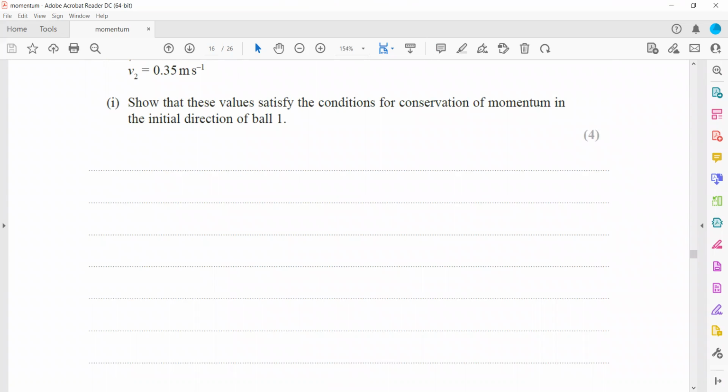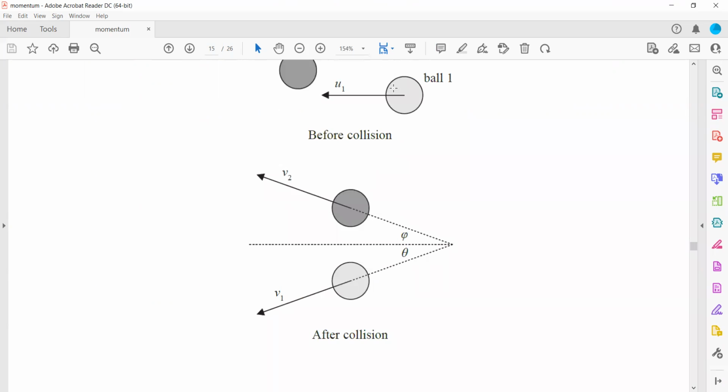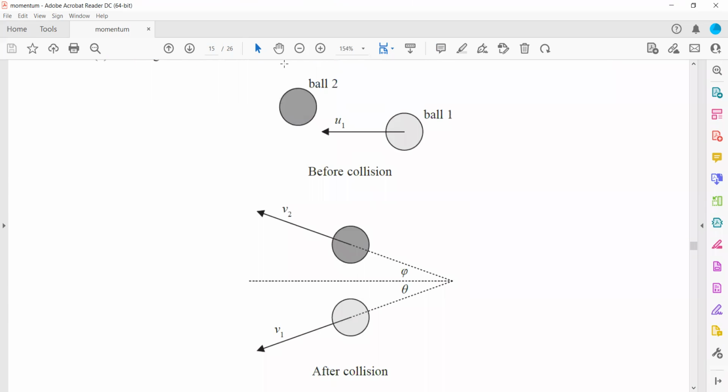That is m1 u1 plus m2 u2, the mass of the ball into its velocity. The mass is 0.066 because it is 66 gram, and the speed at which it was moving is 0.72.